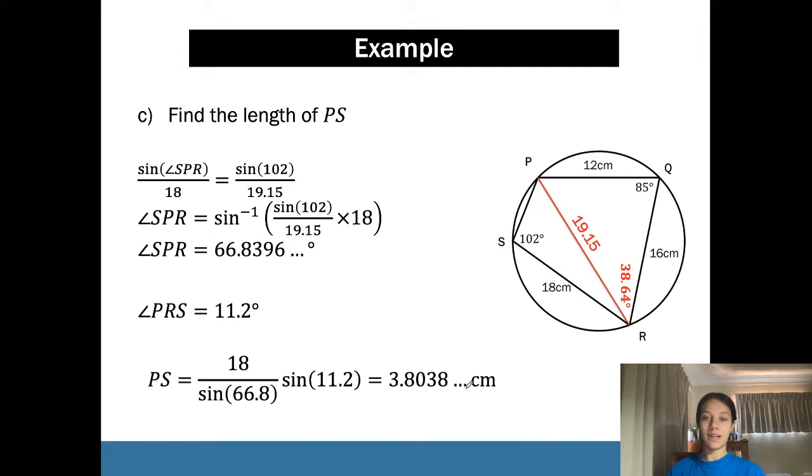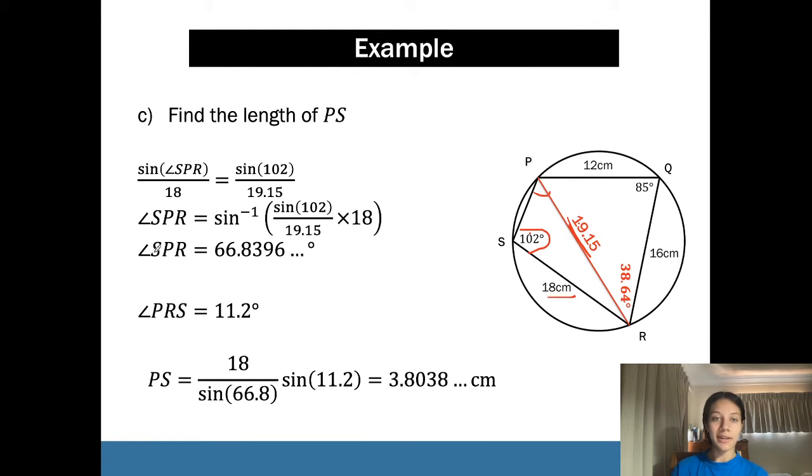And the last bit is to find the length PS. So now we have that length PR, and we have this angle here, and the length there. What we have to do is use our sine rule, so sine SPR, this one here, we can find that angle, because we have our 18 centimeters across from there, and then again we had that 102 and the 19.15.